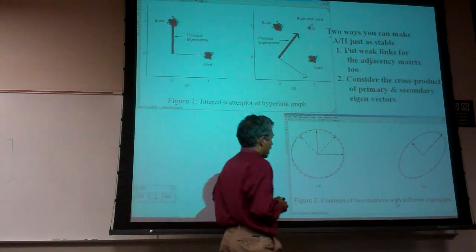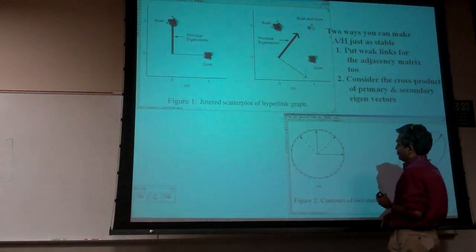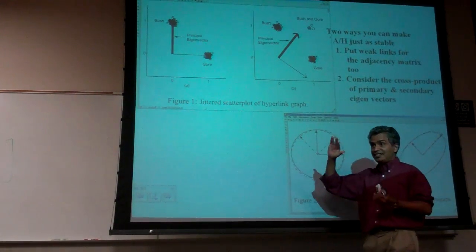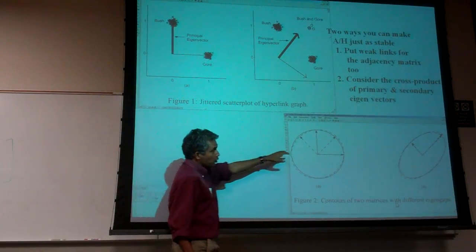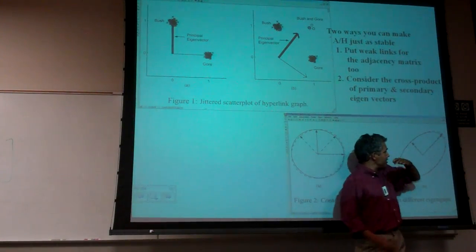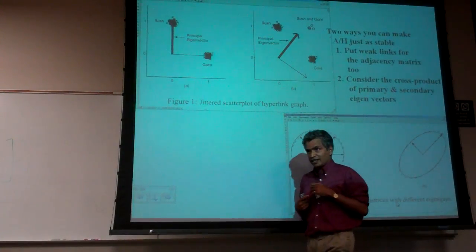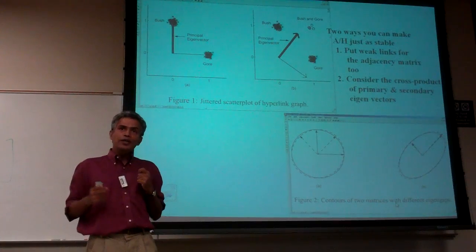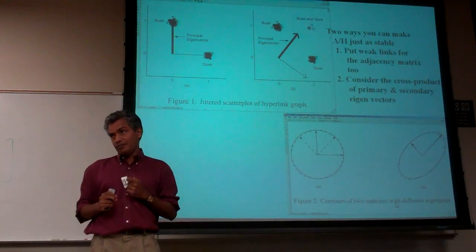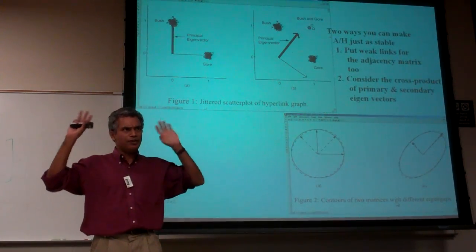Okay, so you wanted to take this vector, which is the primary eigenvector, and that just seems to be changing all over the place. But what's interesting is that in both these cases, if you consider the plane in which those vectors fall, that plane is the same. So if you were to take the cross product, how many of you remember the cross product?